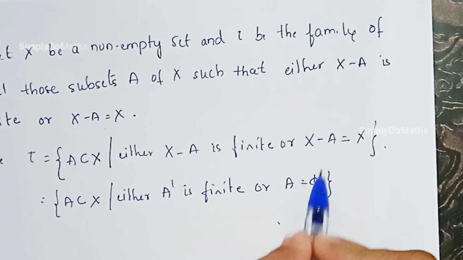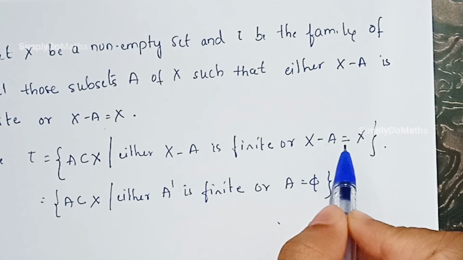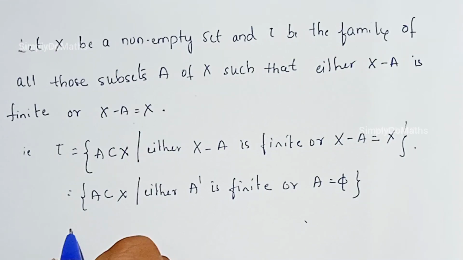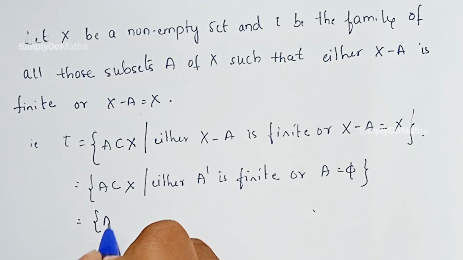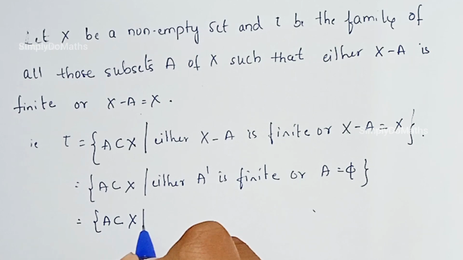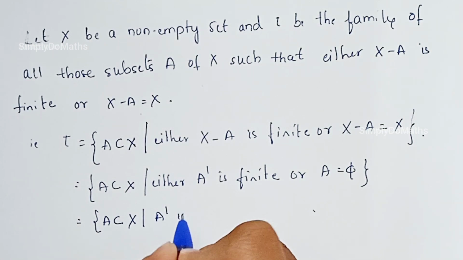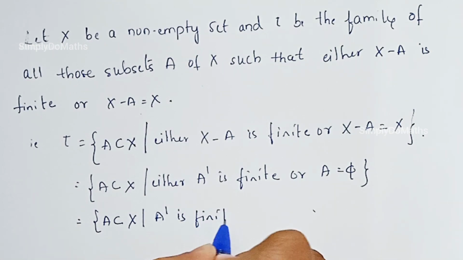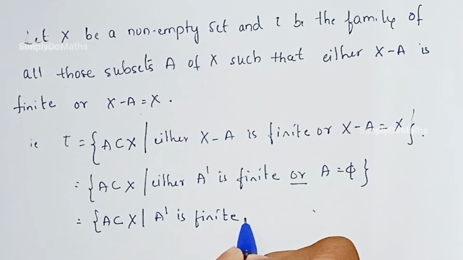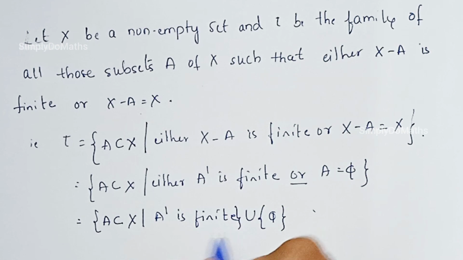So if it is empty, then only we get X minus A equal to X. So again we can write this as A is a subset of X such that A dash is finite. We can write or as union, right? Union empty. Okay, this is the meaning.